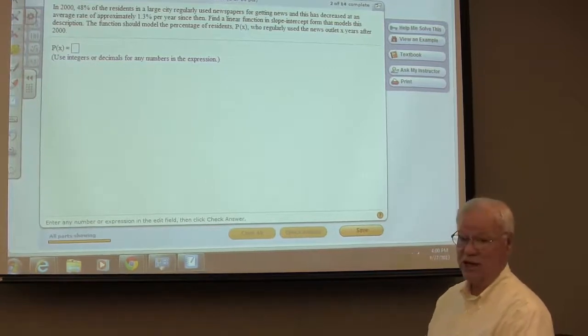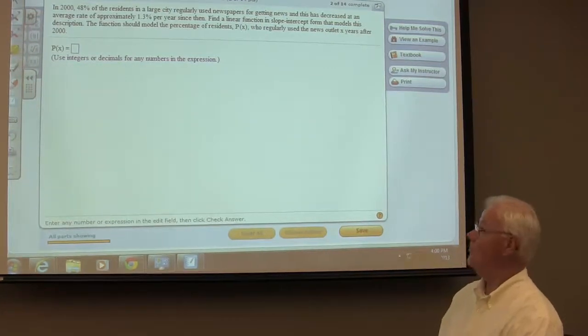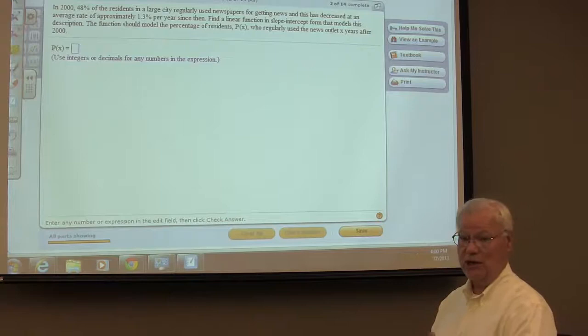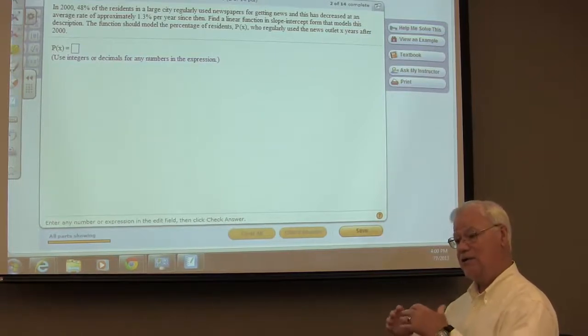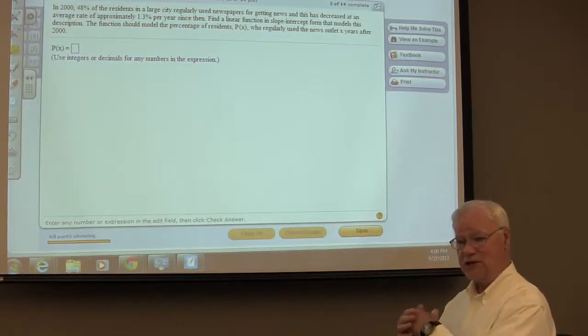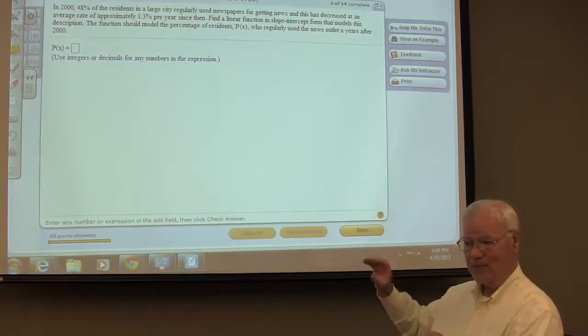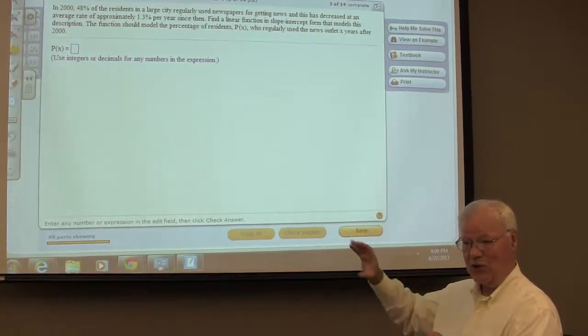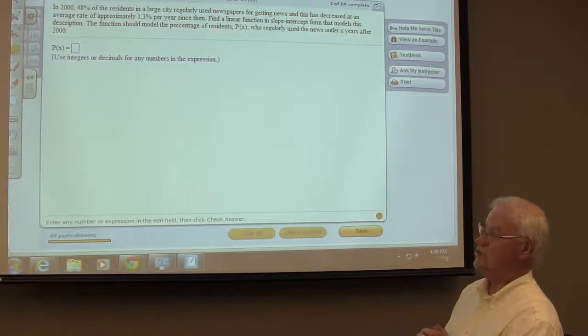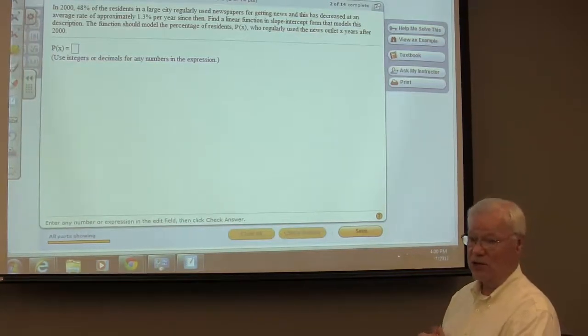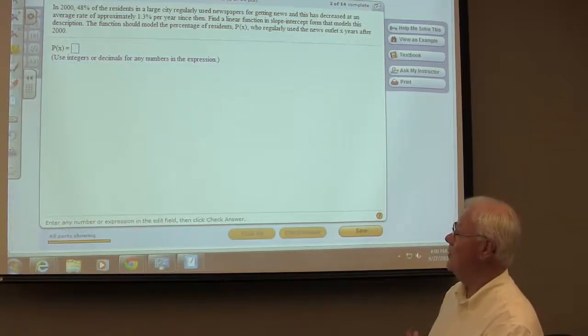We're decreasing at a rate of 1.3% per year. Notice that when you see things per something else, oftentimes you see it as a fraction. If you see miles per hour, a lot of times that'll be the miles on top with the hours on the bottom. That's how you figure miles per hour. So that's our slope. It's 1.3 over 1, or 1.3.